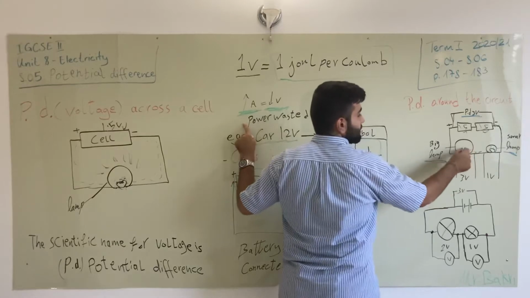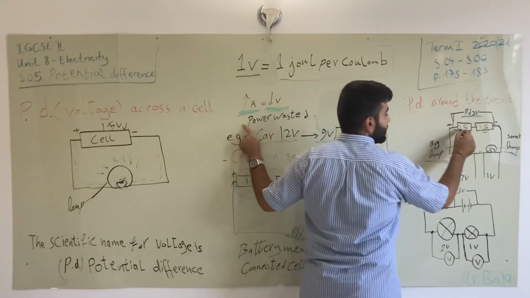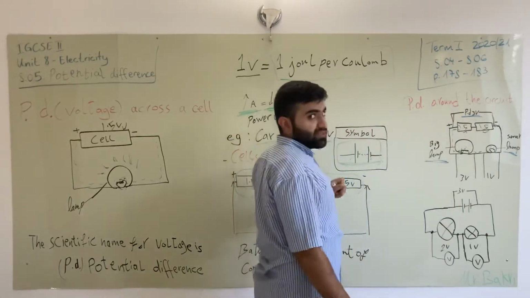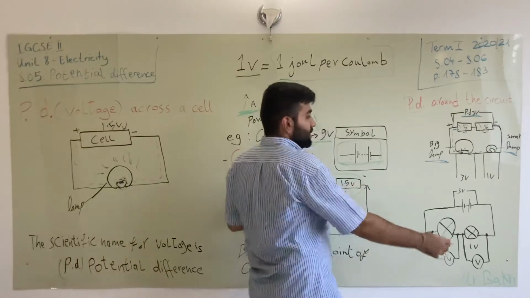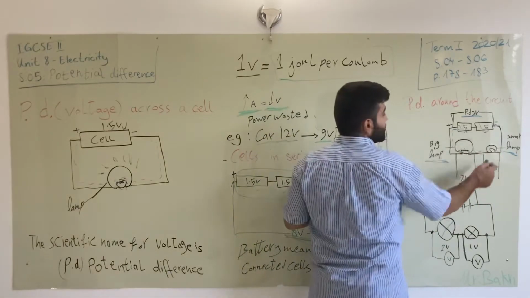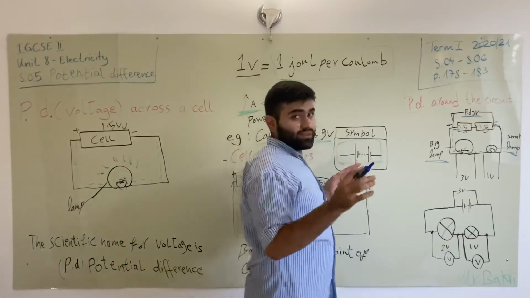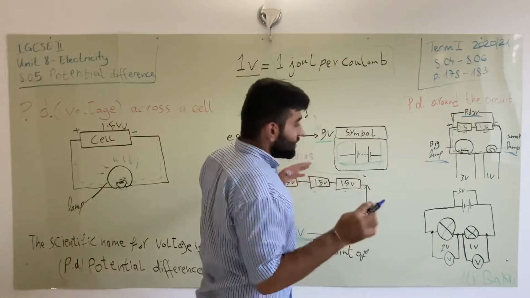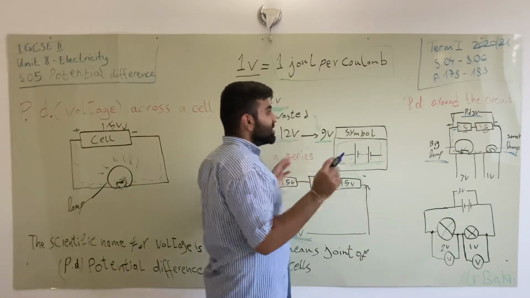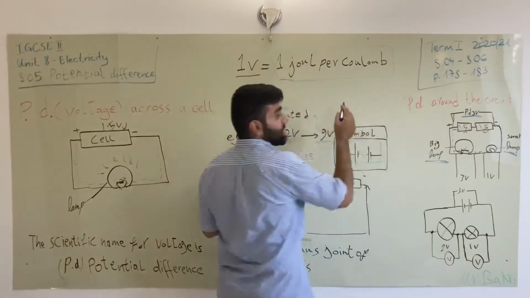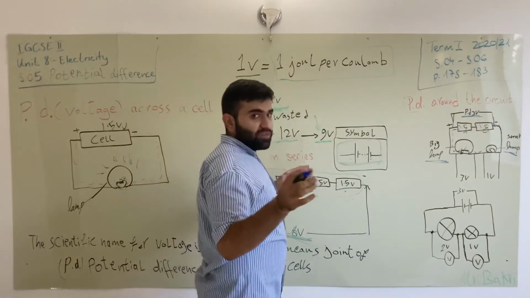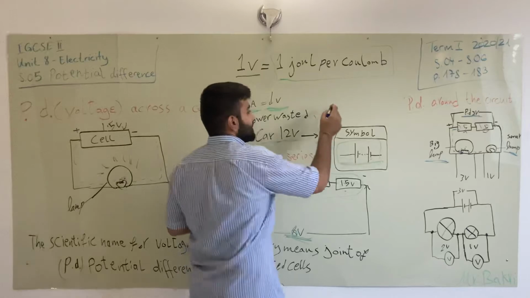Continue, again the volt will go down, coming back to the battery or to the cell. So we find here that a voltmeter is not connected like the ammeter.